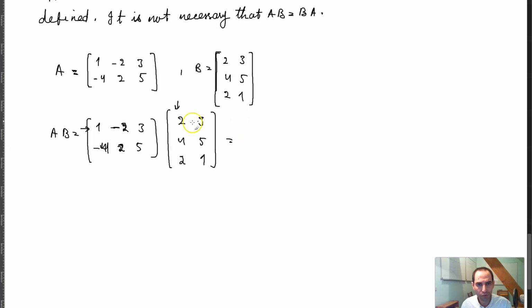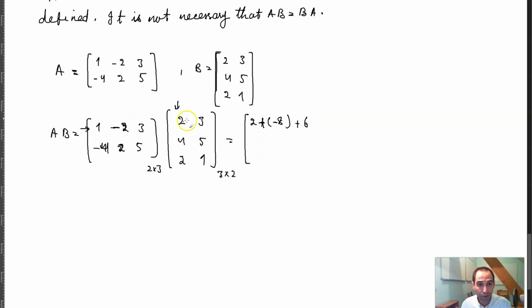So this is a 2 by 3 matrix and this is a 3 by 2 matrix, so I will have a 2 by 2 matrix, right? Going with this row and this column: 1 times 2 is equal to 2, -2 times 4 is equal to -8, and 3 times 2 is equal to 6.